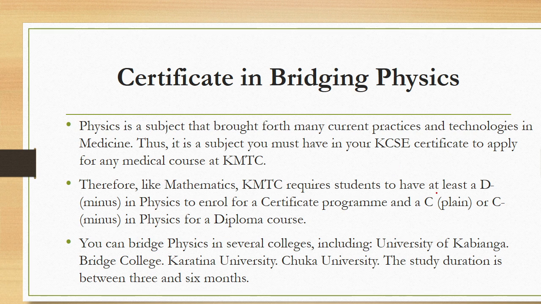KMTC requires students to have at least a D minus in physics to enroll for a given certificate program, and a C plain or a C minus in physics for a diploma, right? So take note of that. And of course, you can bridge this particular course from University of Kabianga, Chuka University, Karatina University. It takes between 3 to 6 months for you to bridge for this particular course.